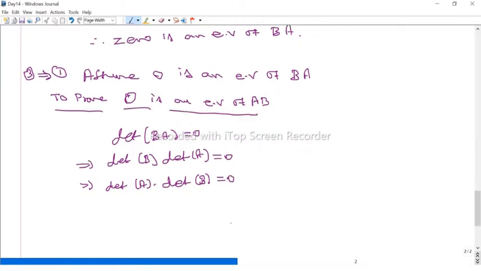Now again apply the properties of determinant: determinant of A times determinant of B. Therefore, determinant of AB is 0. Since the determinant is 0, 0 is an eigenvalue of the matrix AB.